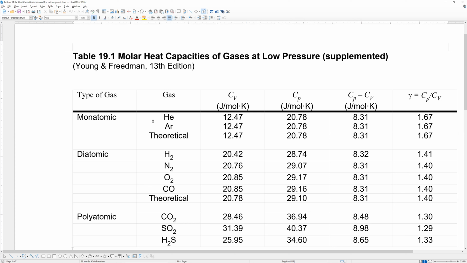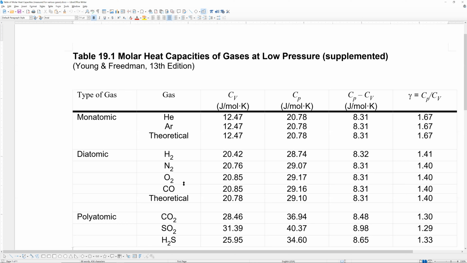For monatomic gases, it just has helium and argon listed, and these are experimentally determined. The only one we've talked about so far is C sub V, the heat capacity at constant volume, so you can ignore all the other columns except this one. You can see the theoretical value, which would be 3/2 R, is 12.47, and both helium and argon agree with that to 4 significant figures.